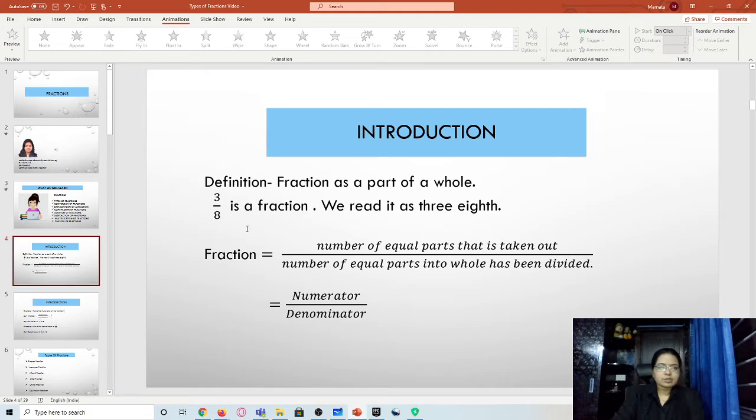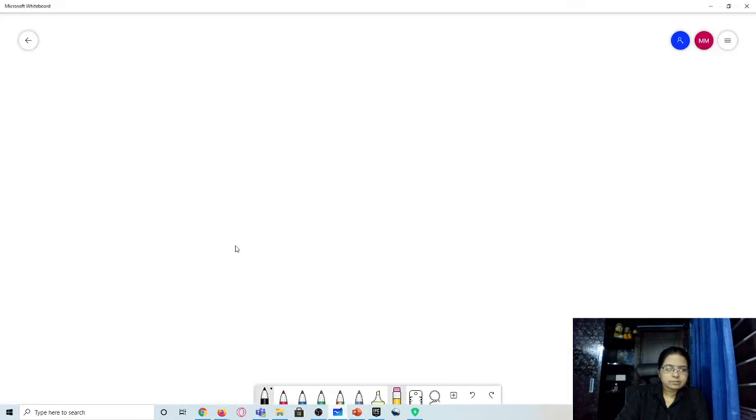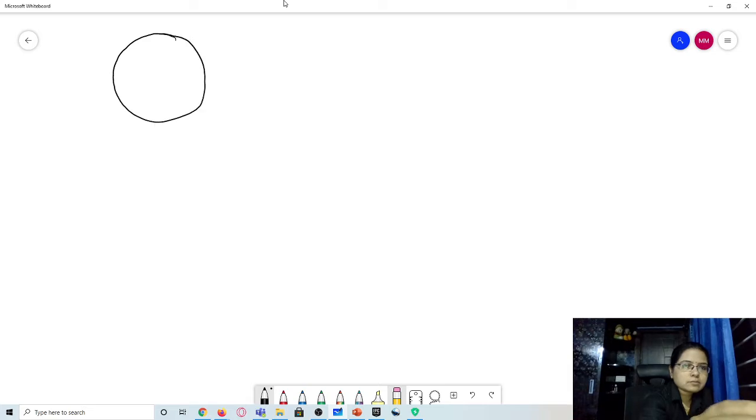Now what is a fraction? Suppose we take an example. Suppose a pizza is distributed among 4 people, then how much will each person get? So we have to divide the pizza into 4 equal parts.